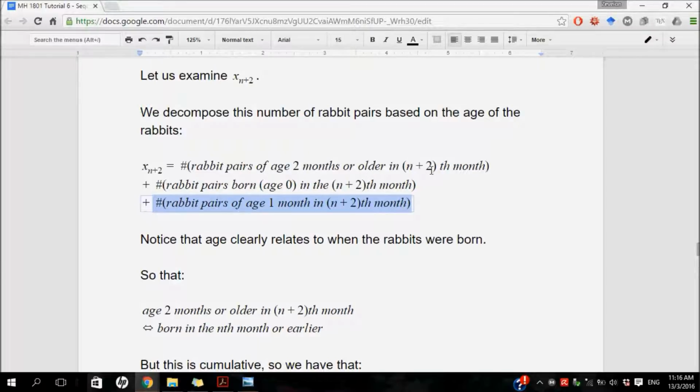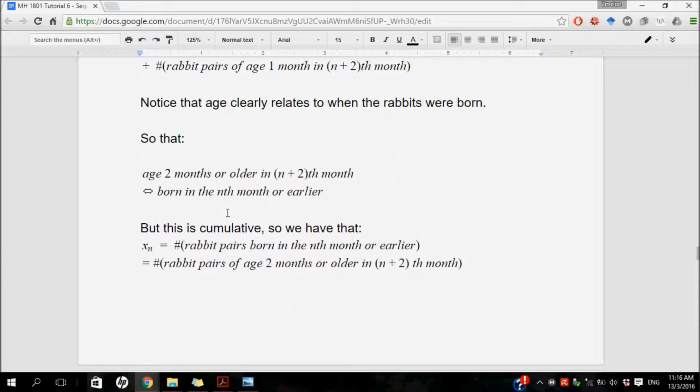Now notice that we can relate the age of the rabbits to when they were born. That certainly is possible, as you can see. Let us start with the first number describing xn plus 2. If a rabbit pair is of age 2 months or older in the n plus 2th month, then it should have been born in the nth month or earlier.